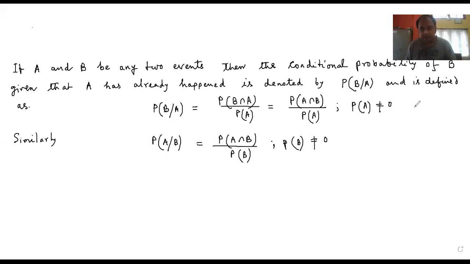Now, let us call this equation number 1 and this equation number 2.